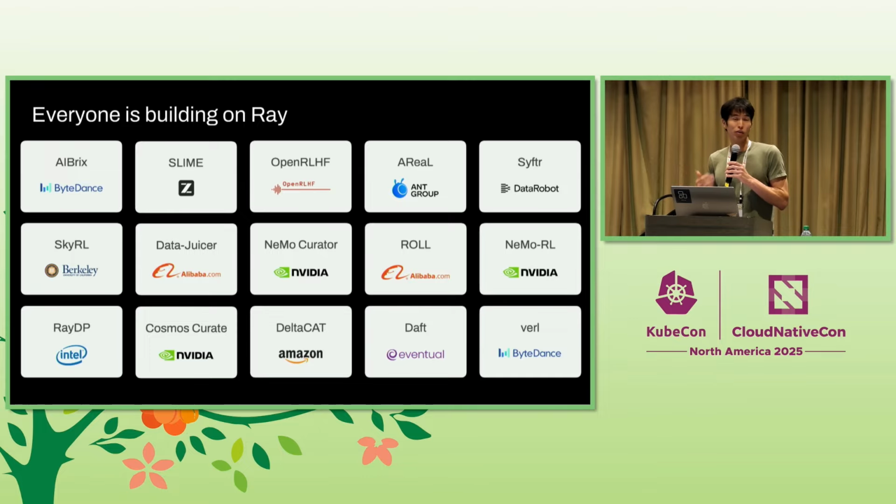But imagine now I want to do reinforcement learning or a bunch of data processing or distributed inference on top of Ray. Well, if I'm using that actor API, there's a lot to build, right? There's a lot of application logic, and I don't necessarily want to build all of that logic. And so we think of Ray in two layers. There's the core APIs, which are minimal and flexible. And then there's a library ecosystem on top.